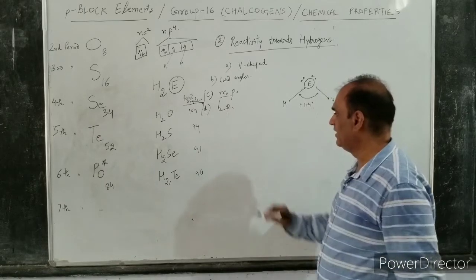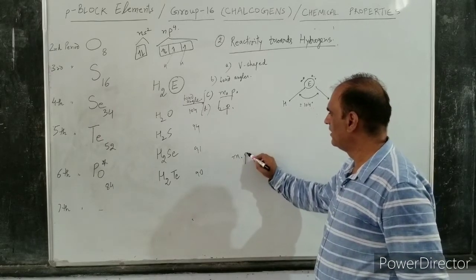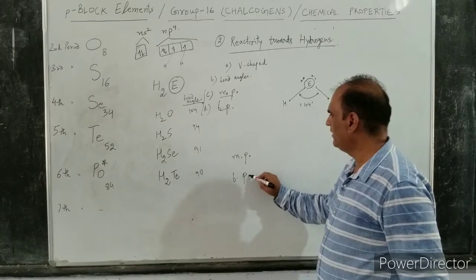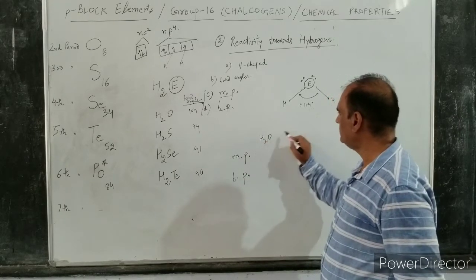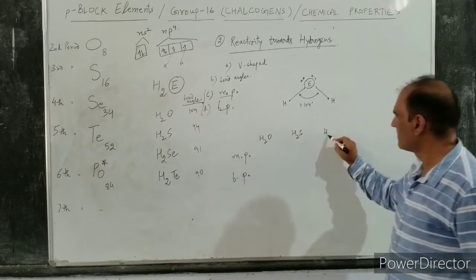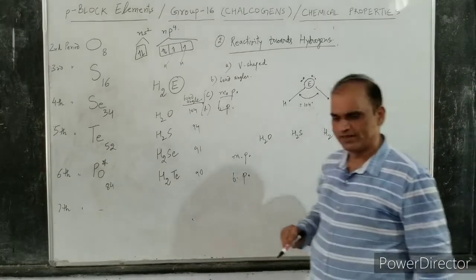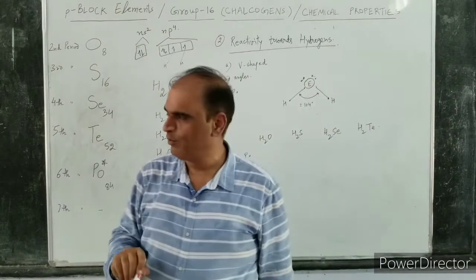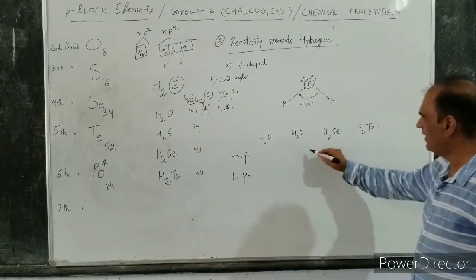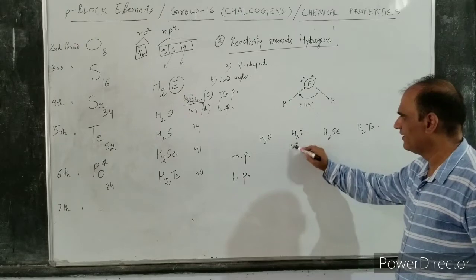If we see the melting point of H2S, the melting point of H2S is 188 Kelvin.